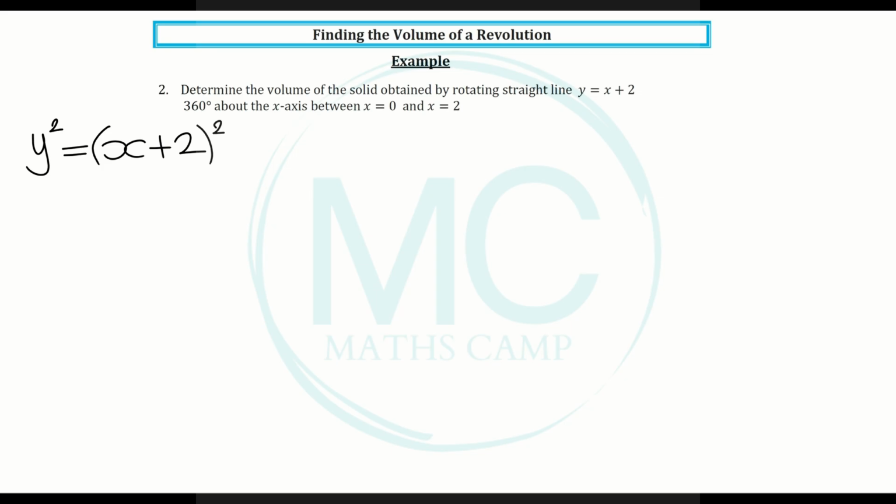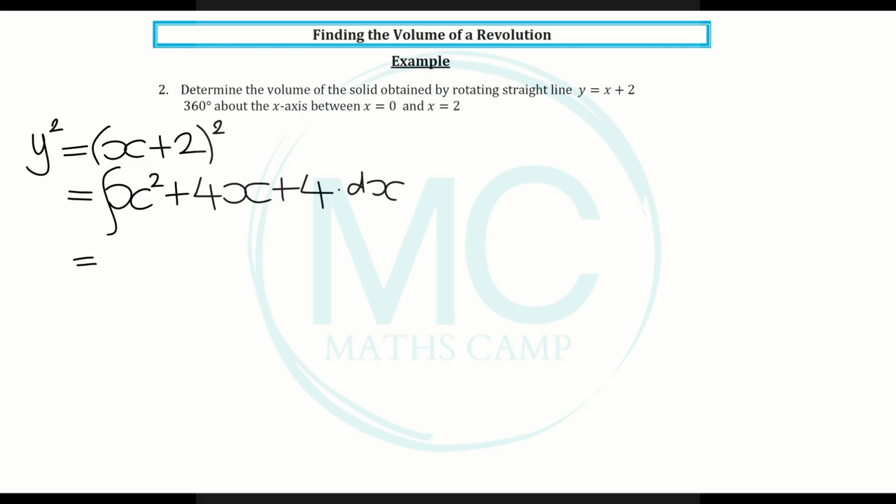Because we have a square bracket, let's expand before we integrate. So we're going to have x squared plus 4x plus 4. And now we can integrate this equation.